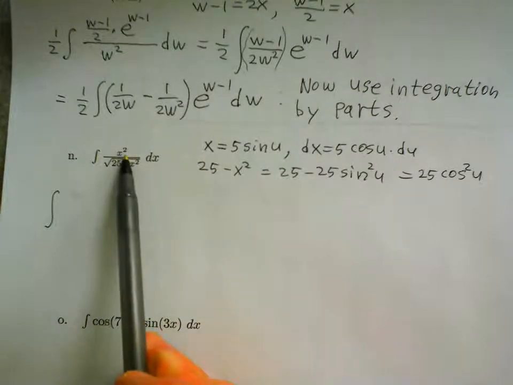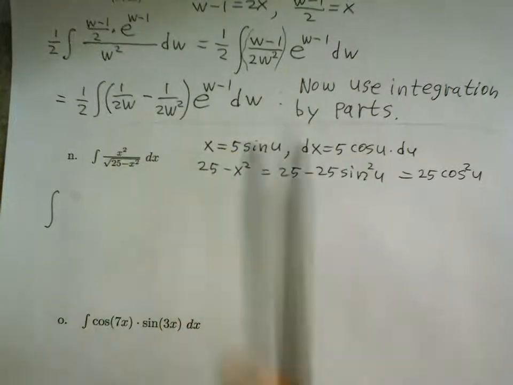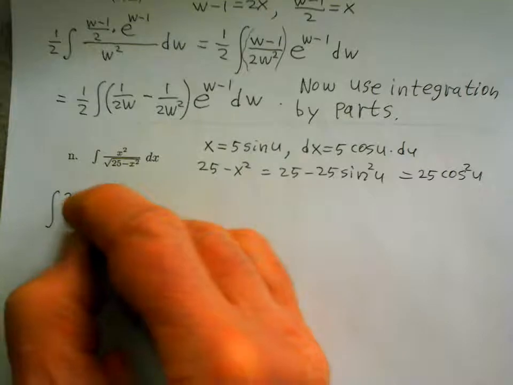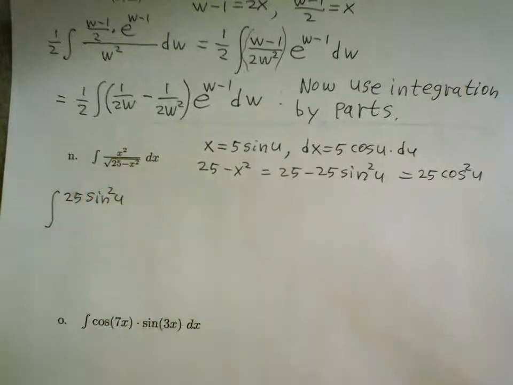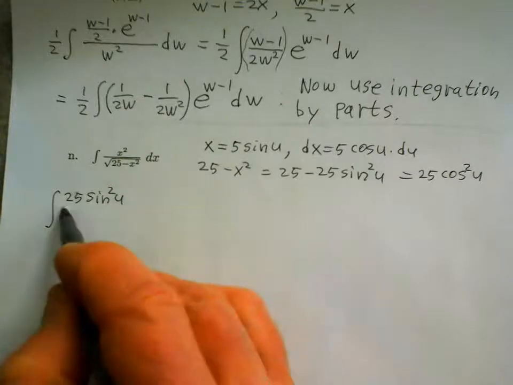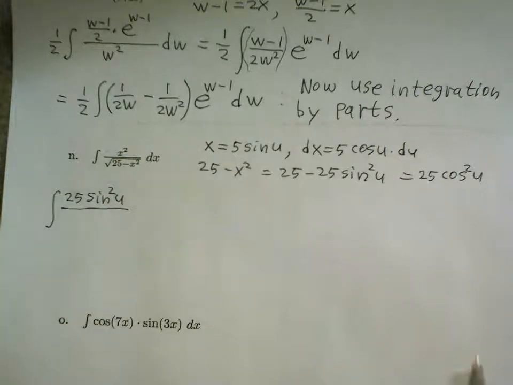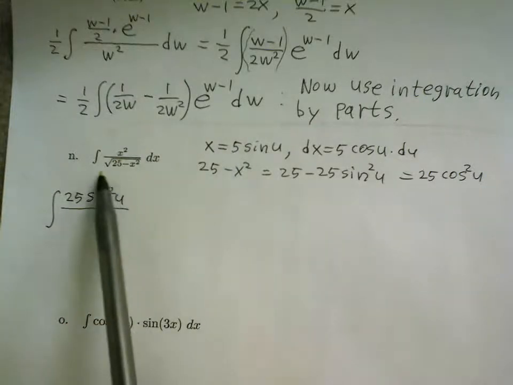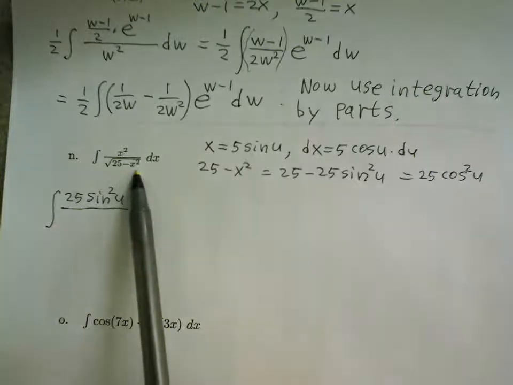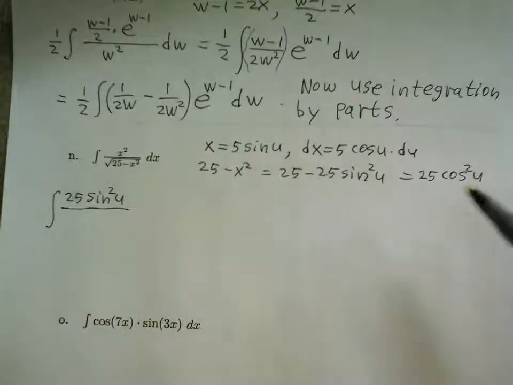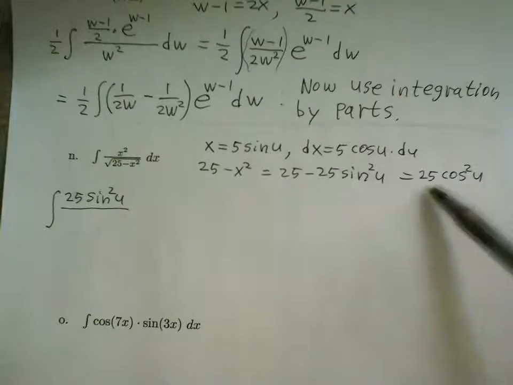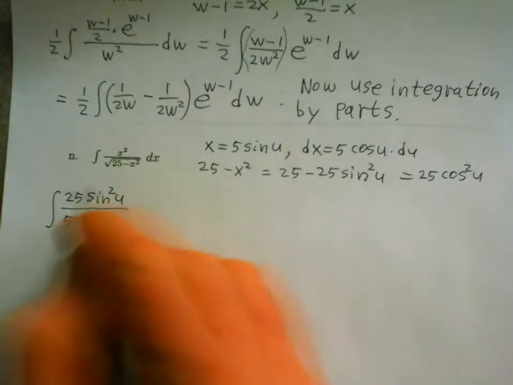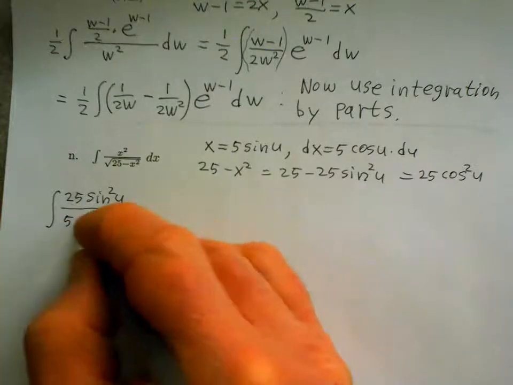In the numerator, x squared will be replaced with 25 times sine of u squared. And in the denominator, the square root of 25 minus x squared is equivalent to the square root of 25 cosine of u squared, which will be 5 times cosine of u.